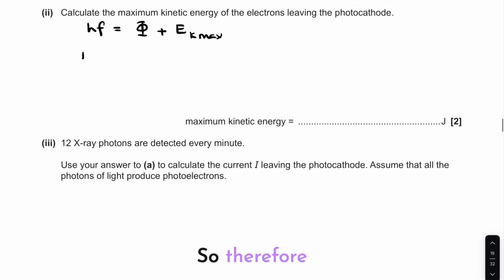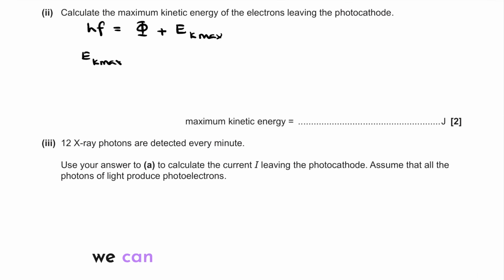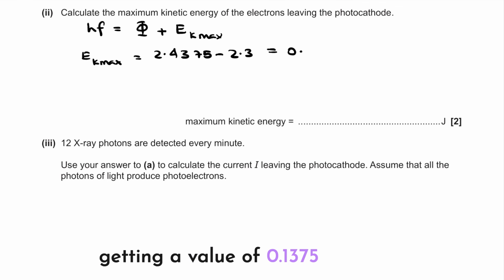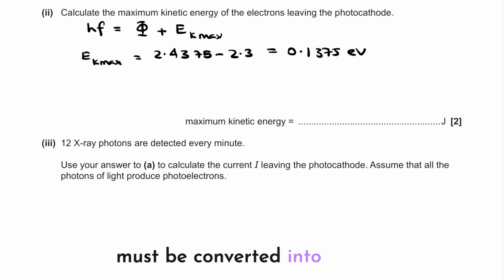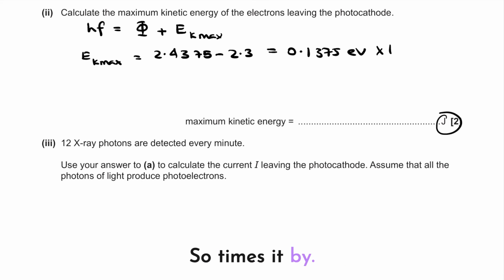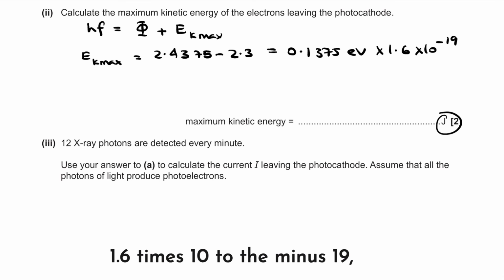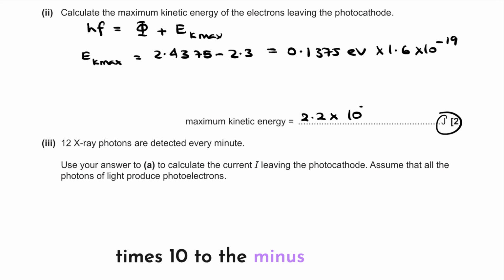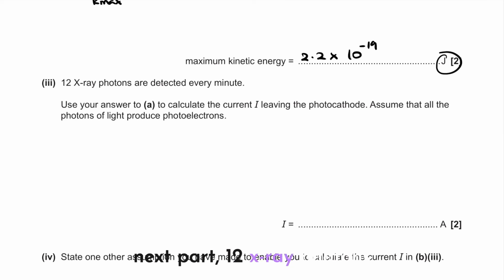So we can take them away and end up getting a value of 0.1375 eV, which must be converted into joules, so times it by 1.6 times 10 to the minus 19, and that gives me an answer of 2.2 times 10 to the minus 19 joules.